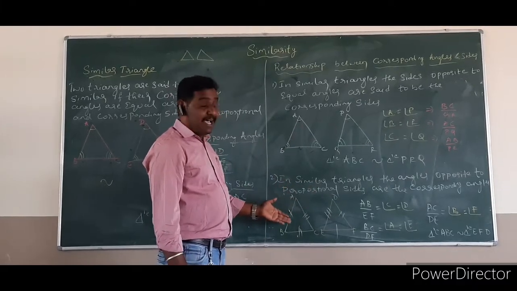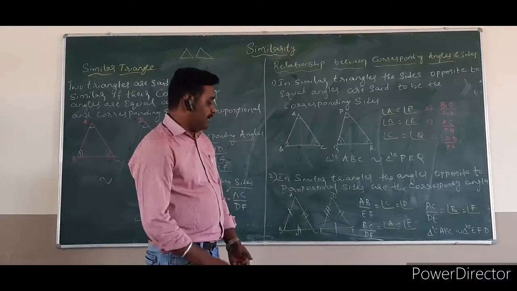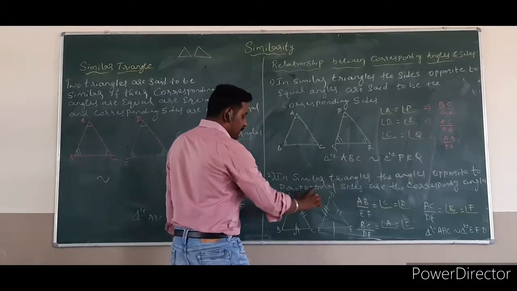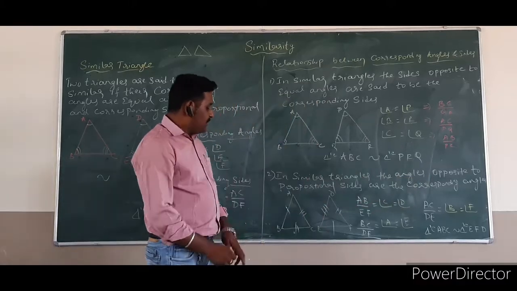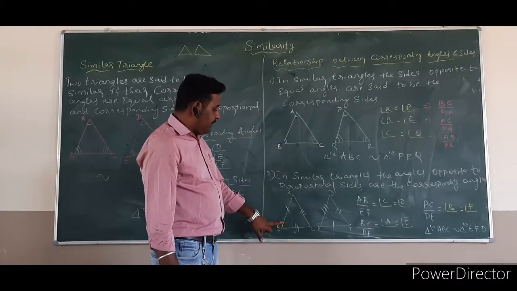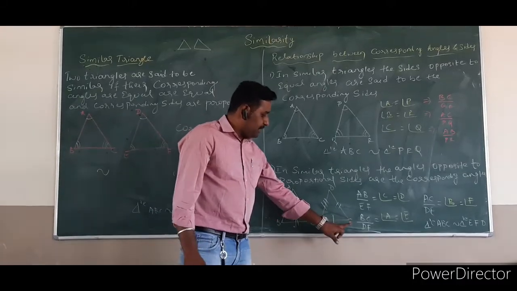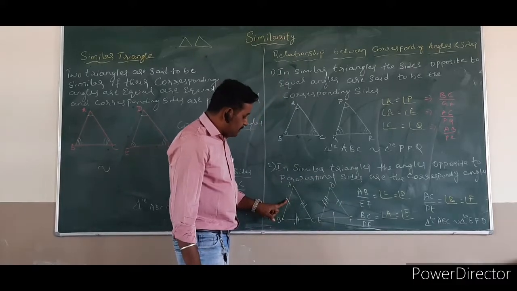Here, corresponding side equals corresponding side, and the opposite angle is the corresponding angle. So in similar triangles, the angles opposite corresponding sides are equal. AB divided by EF: which is the angle opposite to AB?